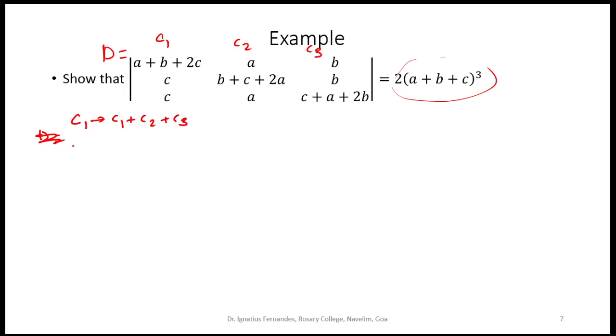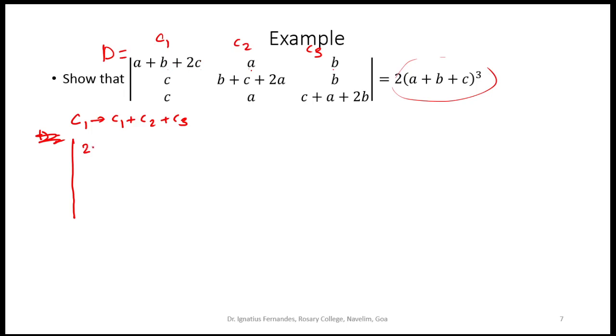In that case, what I'll get is this determinant A plus B plus 2C plus A plus B. Okay, so I have 2 A's and 2 B's. So I'll basically have 2A, all 2 A's, I have 2 B's and 2 C's.